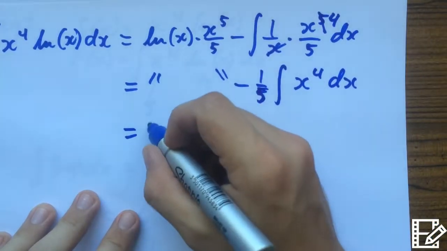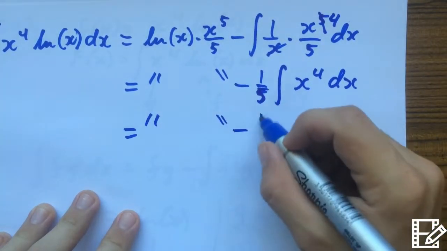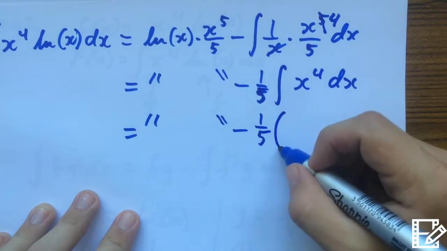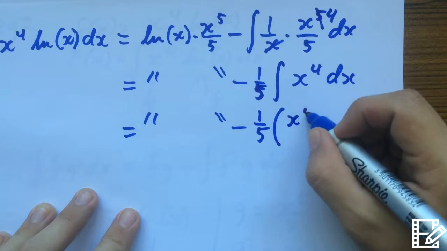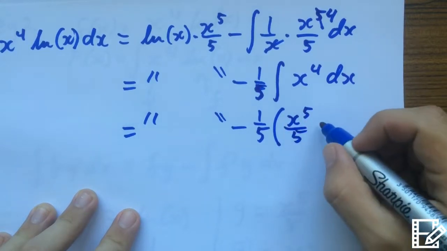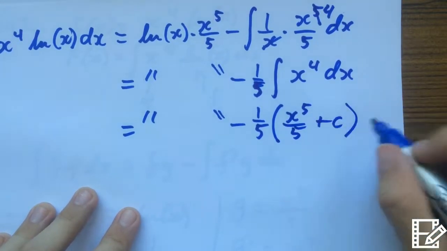Okay, so just like before, quotations, minus 1 over 5, bracket, just like before, x to the power of 4, the integral, add 1 to the power, divide by new power, plus c. Now I add the plus c in.